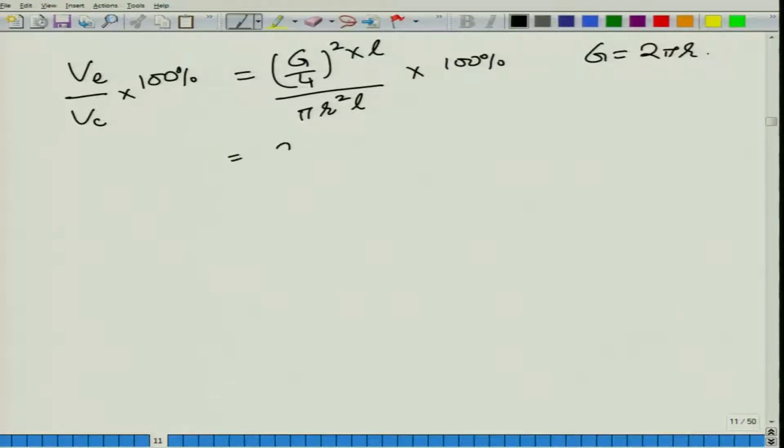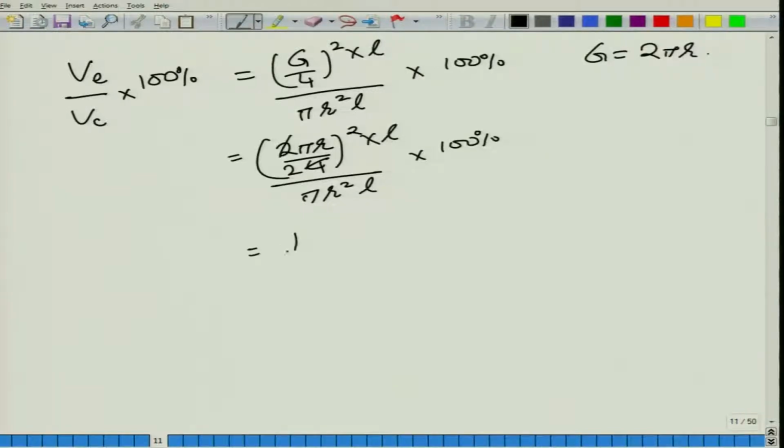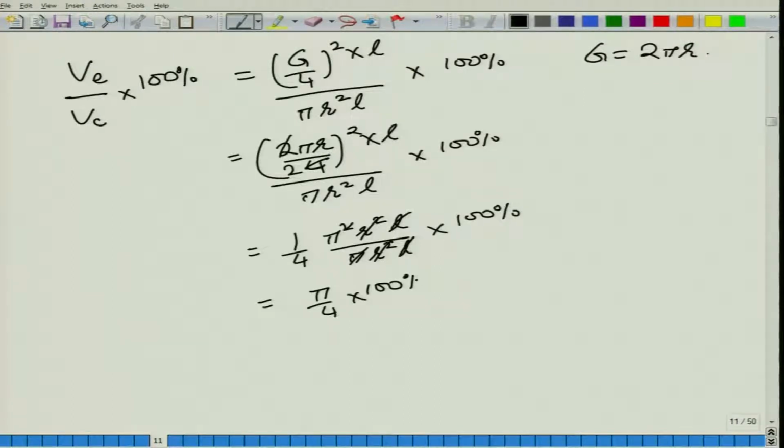So, here we have (2 pi r by 4) whole square into L by pi r square L into 100%. Taking it out, we have 1 by 4 pi square r square L divided by pi r square L into 100%. So, r square and r square get cancelled, pi and pi get cancelled, L and L get cancelled. So, this value is pi by 4 into 100%.